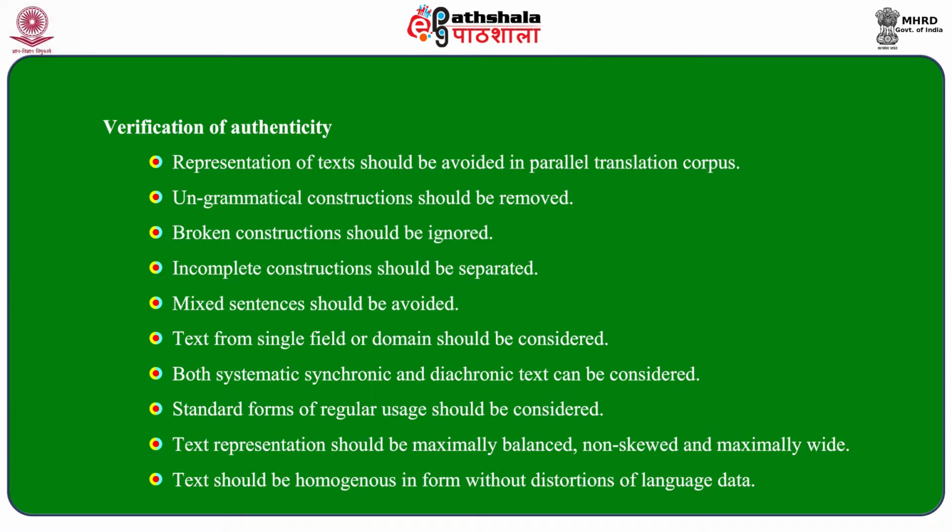Standard forms of regular usage should be considered. Text representation should be maximally balanced, non-skewed, and maximally wide. Text should be homogeneous in form without distortions of language data. So these are the parameters based on which the quality of text is determined.